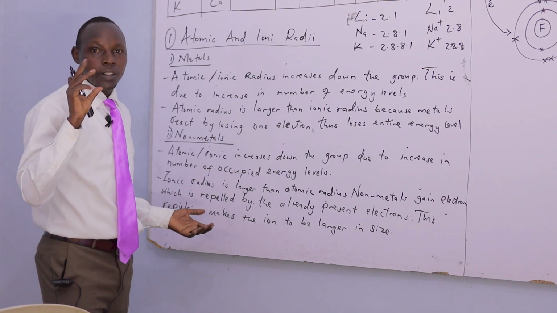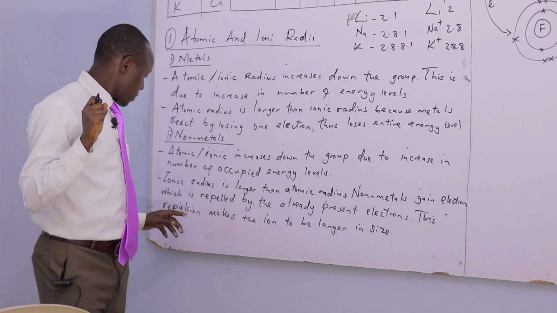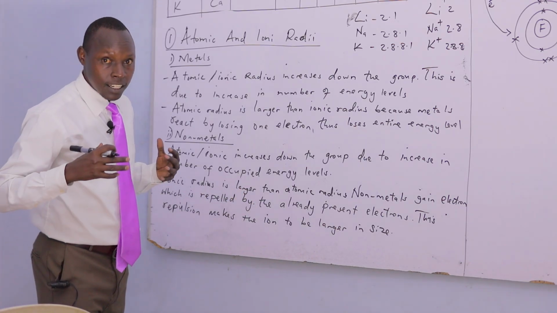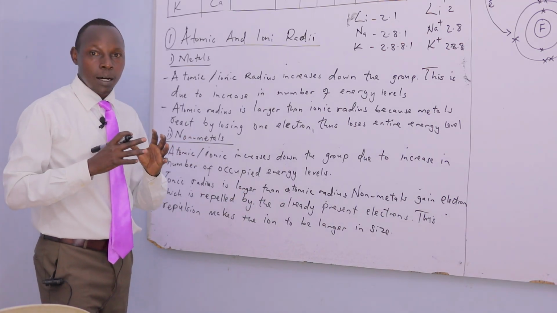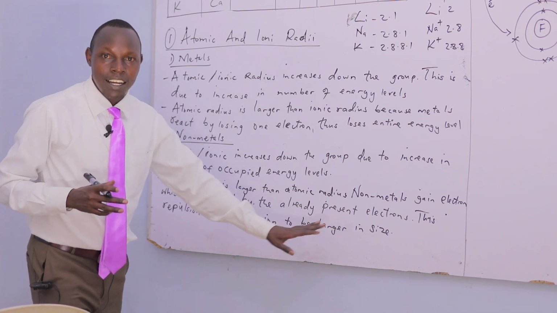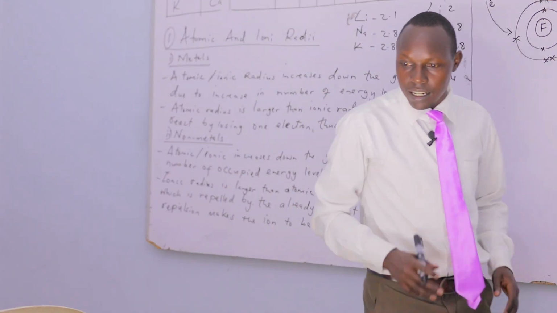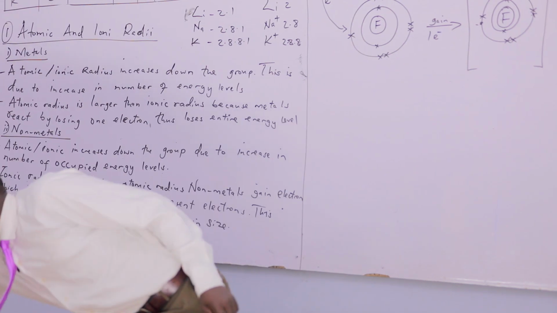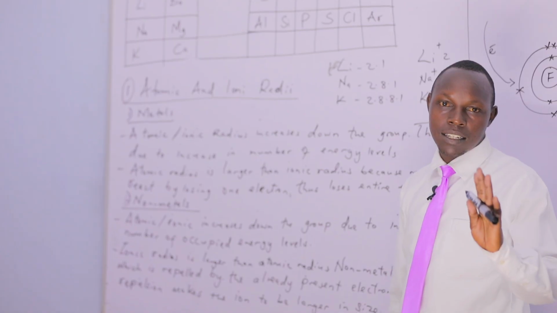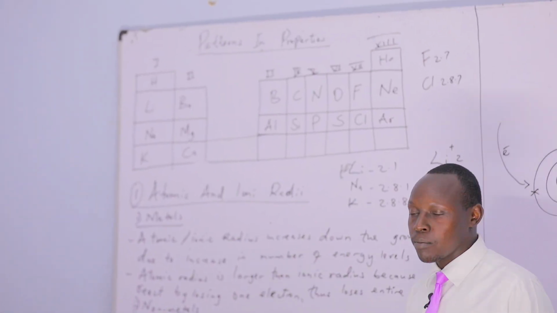It is always important to grasp that as the incoming electron is repelled, then it adds some size. So the ion becomes larger than the atom. So that is atomic and ionic radius for non-metals.